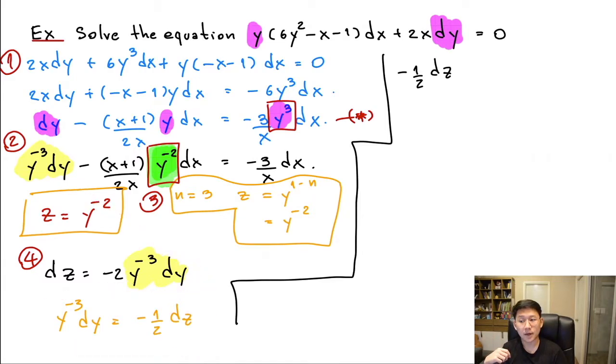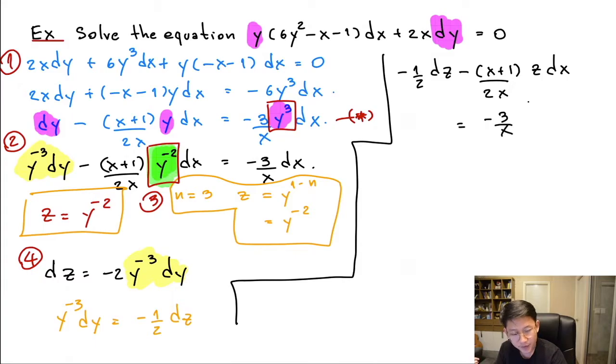Okay, so what we have here is minus 1/2 of dz minus (x plus 1) divided by 2x z dx equals minus 3 divided by x dx. See that it's become closer and closer to what we want.